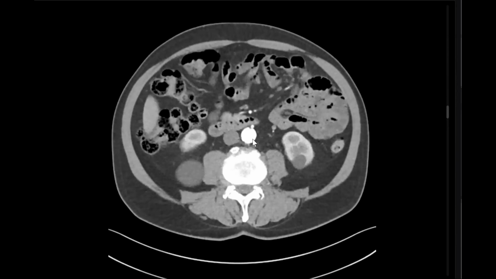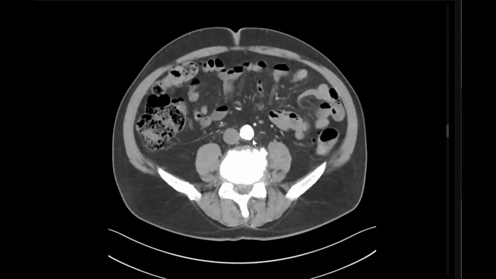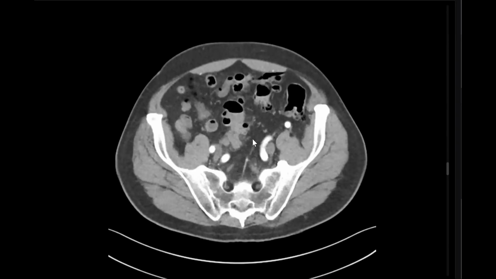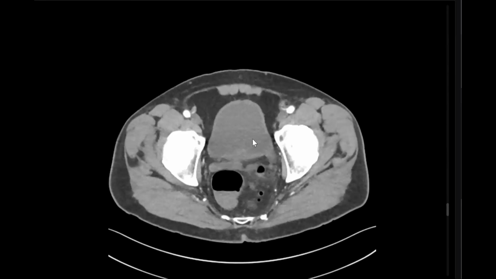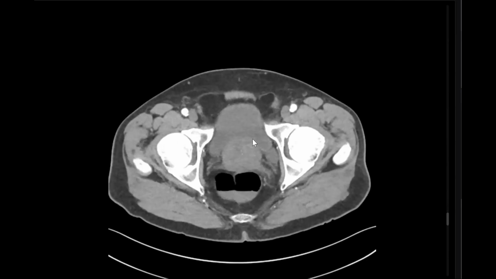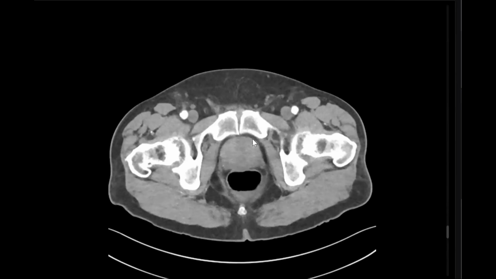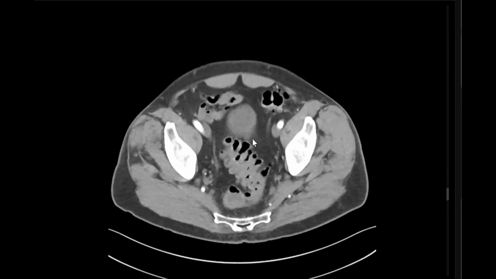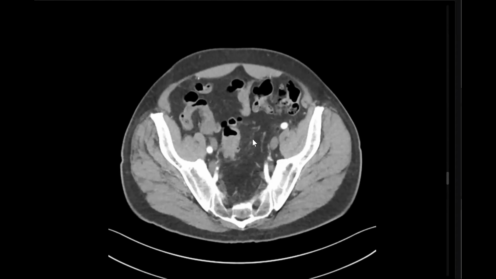Okay, so I will start from the rectum. Also there is sigmoid diverticulosis. Going upward, to the sigmoid, it looks like diverticulosis and also surrounding fat stranding.